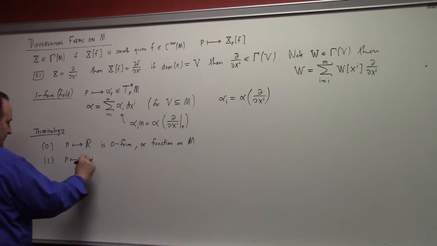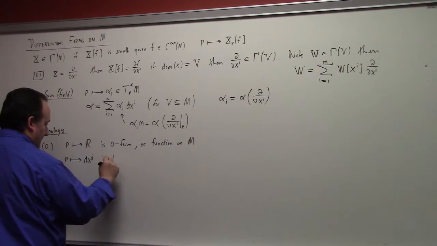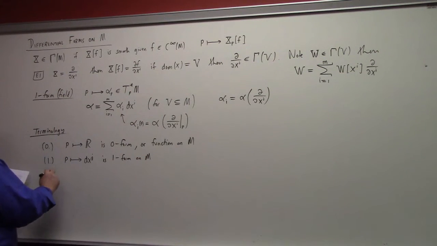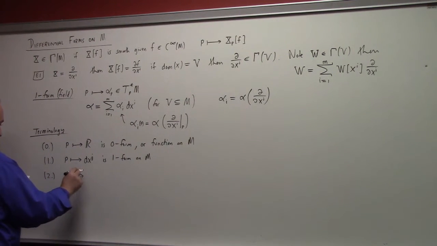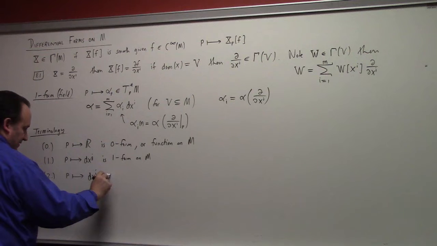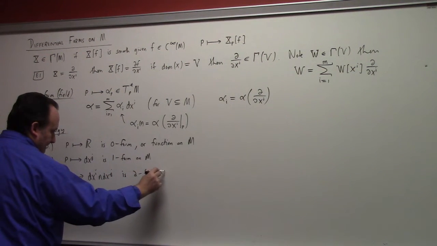Now this is not an arbitrary one, right? This is a one form on M. And to be more fussy, it's a one form on a coordinate chart, because we might not be able to write the same dxi for the whole manifold. So dxi wedge dxj is a 2 form on M.